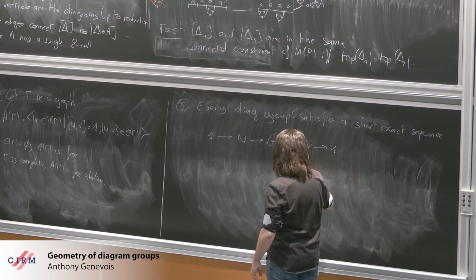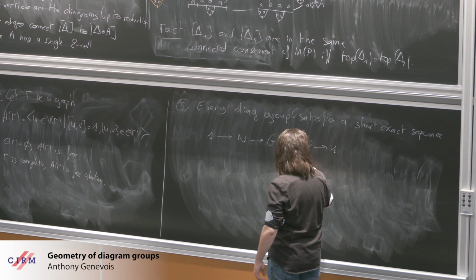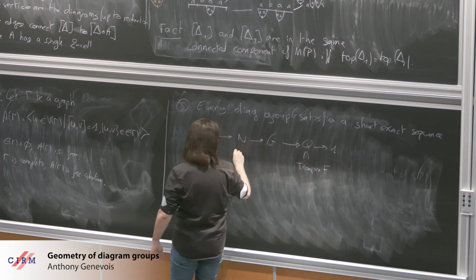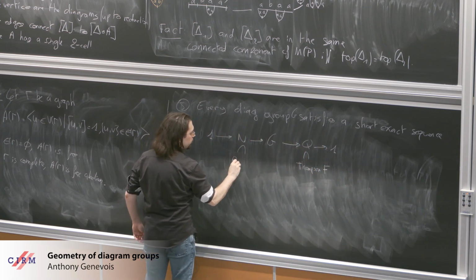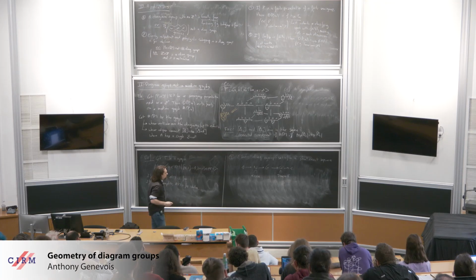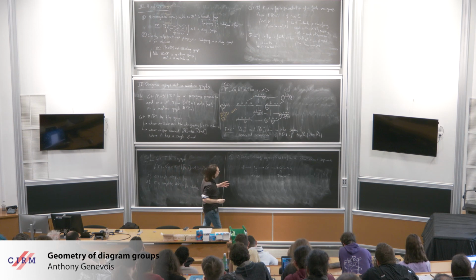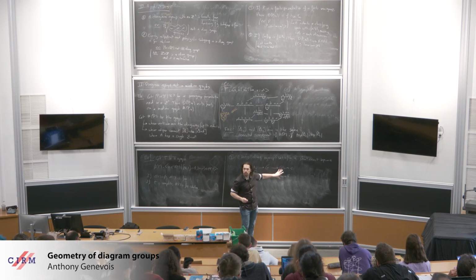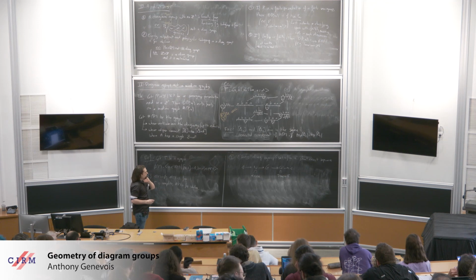It is a subgroup of Thompson's group F. And what is N? It's a subgroup of a right-angled Artin group. So this statement tells you that in some sense, every diagram group can be constructed from subgroups of RAGs and subgroups of Thompson's group F. Okay, so this is a very strong decomposition.